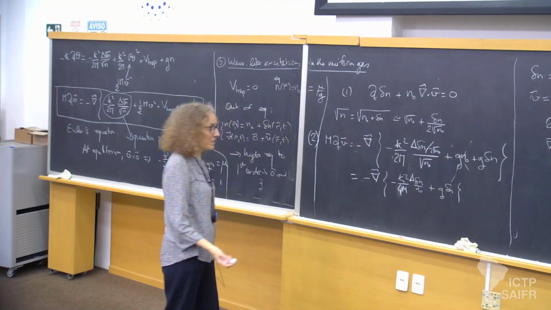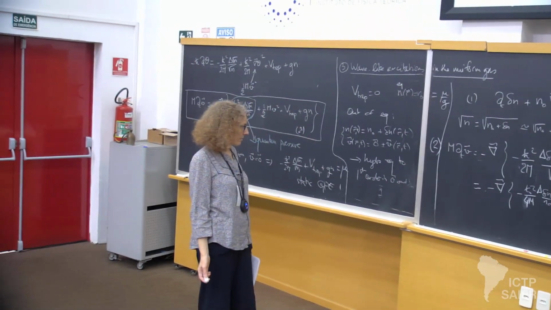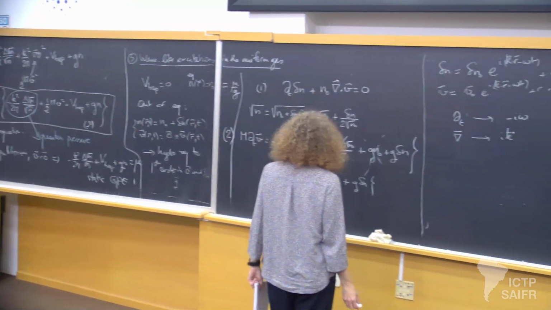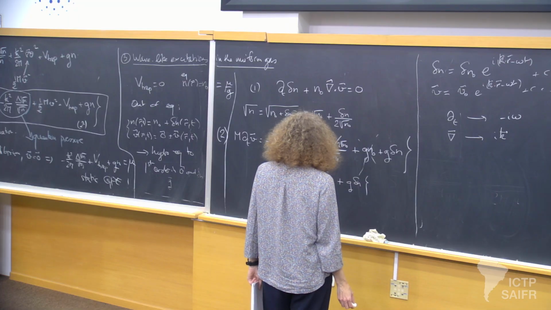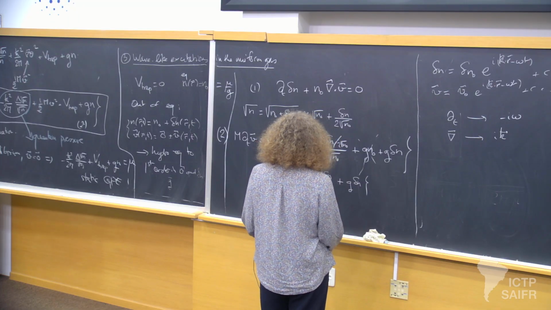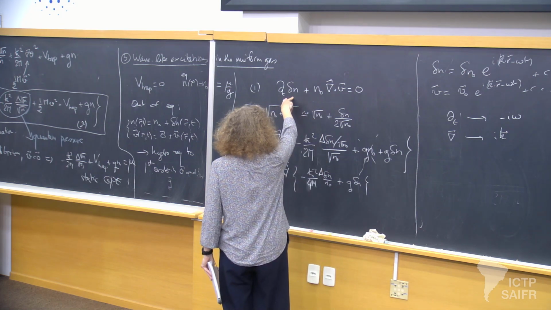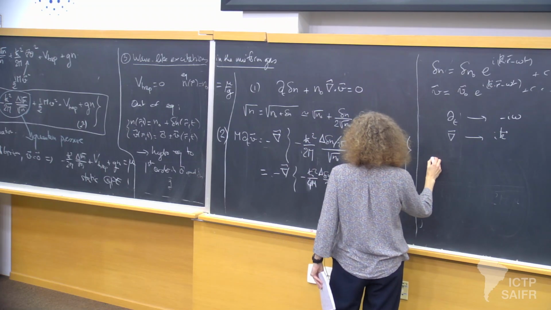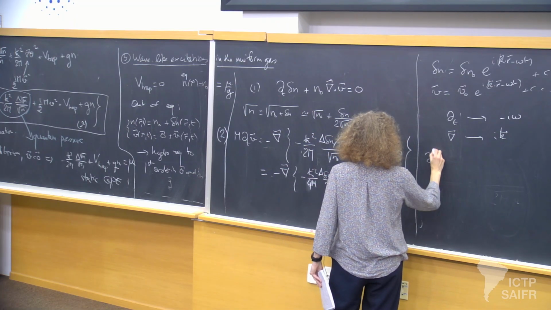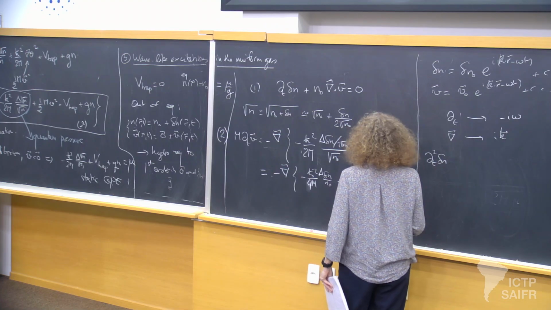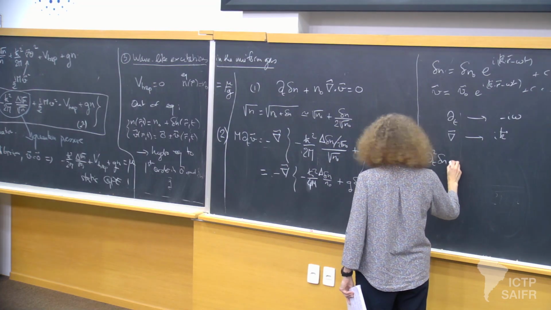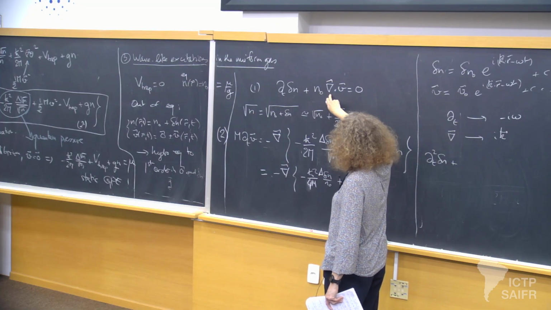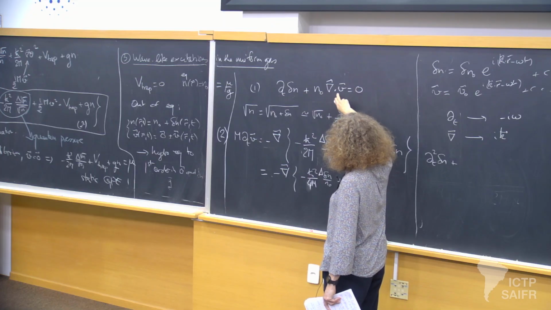And now I will derive what is the wave equation for this. So what I do is to take the second time derivative of delta n first. So I take the second derivative of delta n, and then I have n0 times the gradient of the time derivative of v.